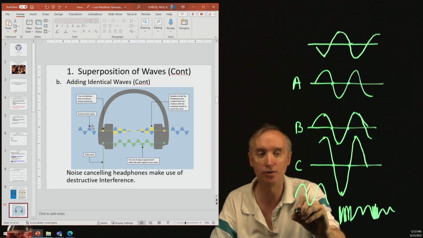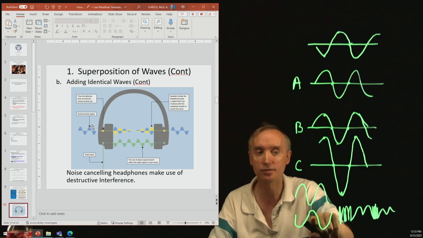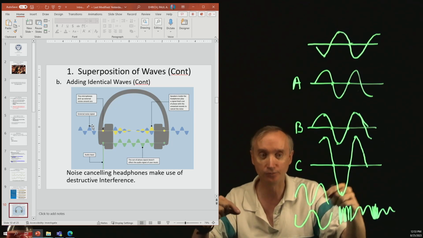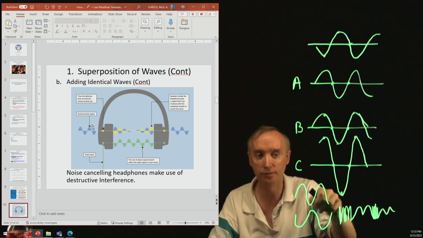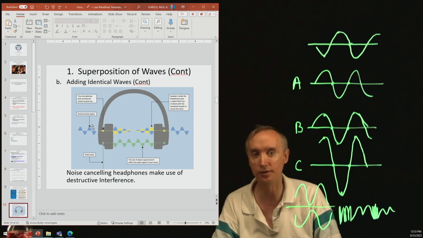So it takes the noise and electronically flips it so that it is coming into the electronics on this side like this, so that when you add the two together, then you get destructive interference.